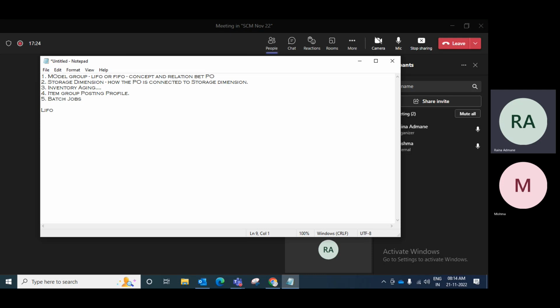For example, one item A, cost is 100 rupees and purchase is maybe 1st January. Same item A, cost is 110, it is 2nd January, for example.